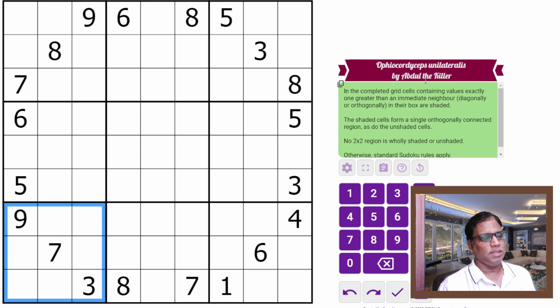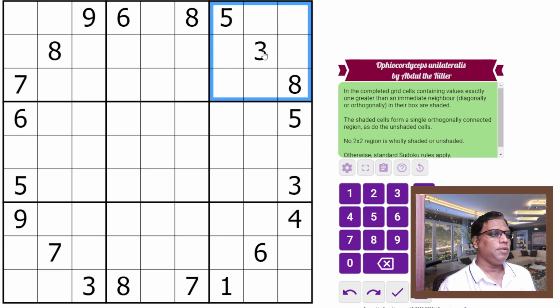Now this is, I think, the shaded neighboring rule. I think this guy Abdul The Killer is the creator of this rule. In the completed grid, cells containing values exactly one greater than an immediate neighbor in their box are shaded. So we need to shade some cells such that if there is an immediate smaller number next to it, it is shaded.